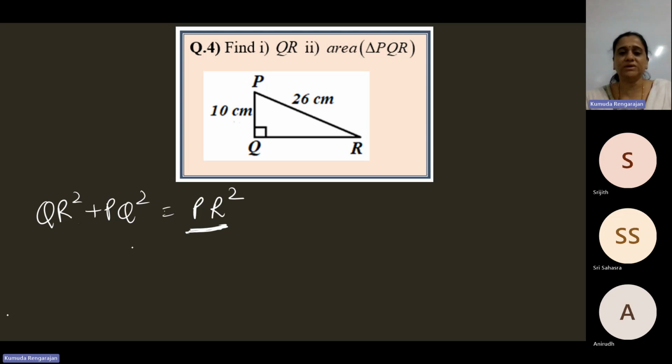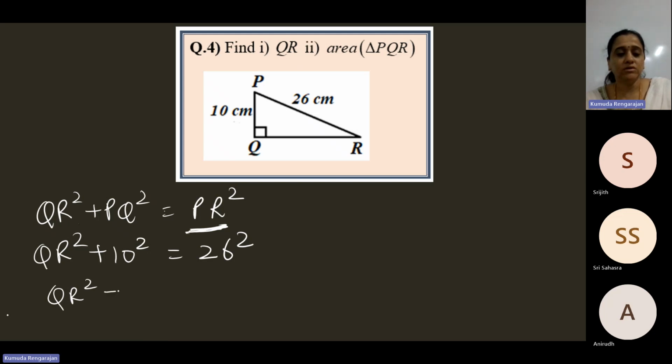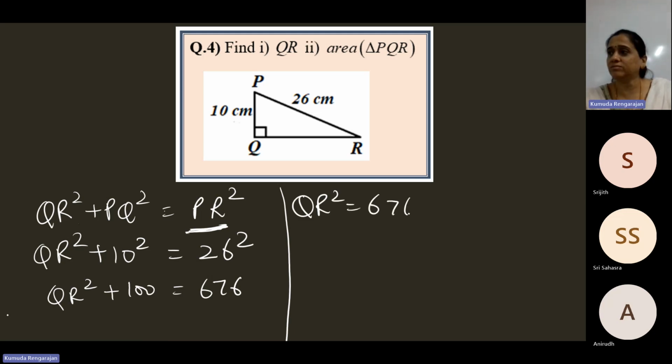How much is QR? We don't know. QR squared plus 10 squared is equal to 26 squared. QR squared plus 100 is equal to 676. QR squared is equal to 676 minus 100.